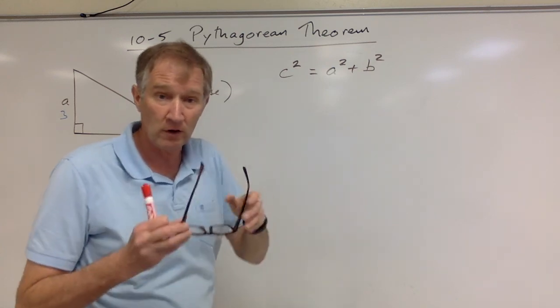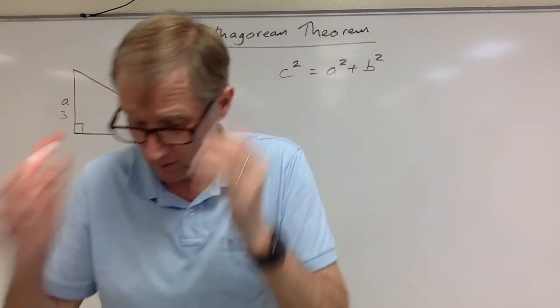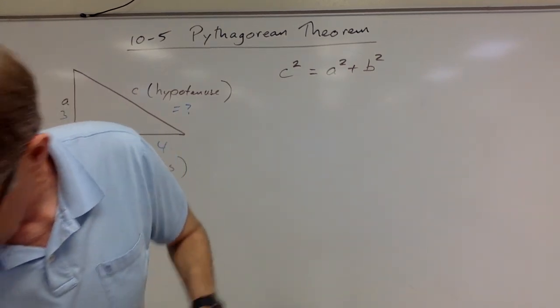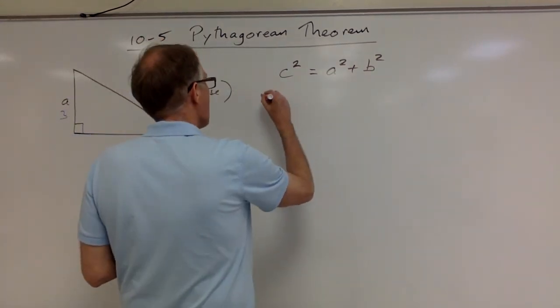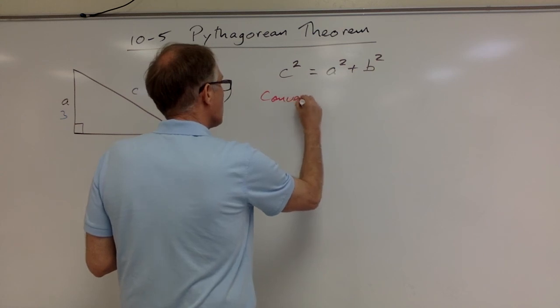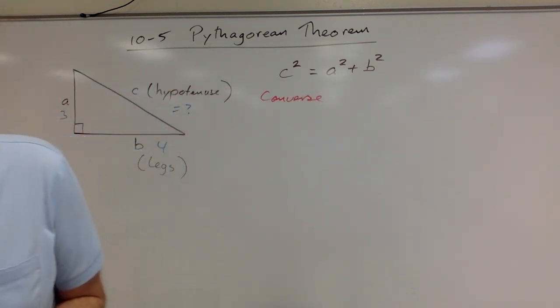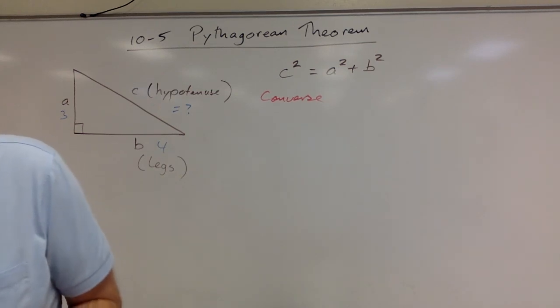If they don't, it's not a right triangle. It doesn't mean it's not a triangle, it's just not a right triangle. So it's called the converse, all right? And the converse is just used to prove whether or not lengths represent a right triangle.